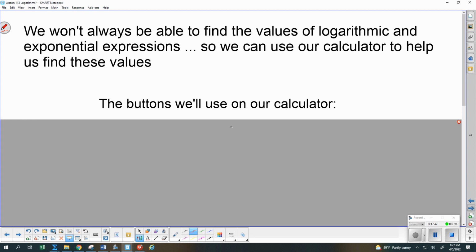Okay, calculator skills, so have those out. And I'll have my calculator here as well as my chart over here. To get to the logs, they are written in blue up above these two buttons that are to the left of the 1. So find the e to the x button and the 10 to the x button, and we're going to be using those today too. But up above them, ln and log.